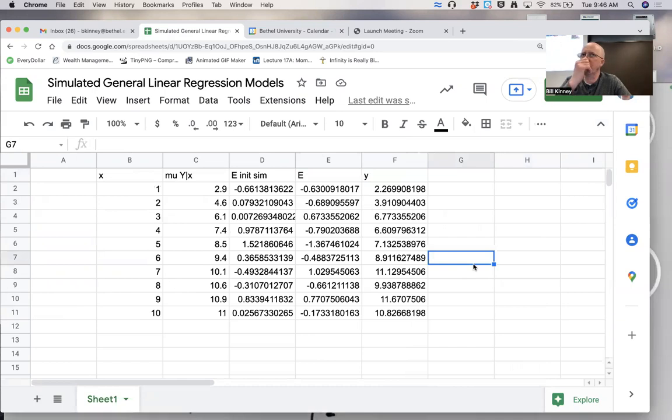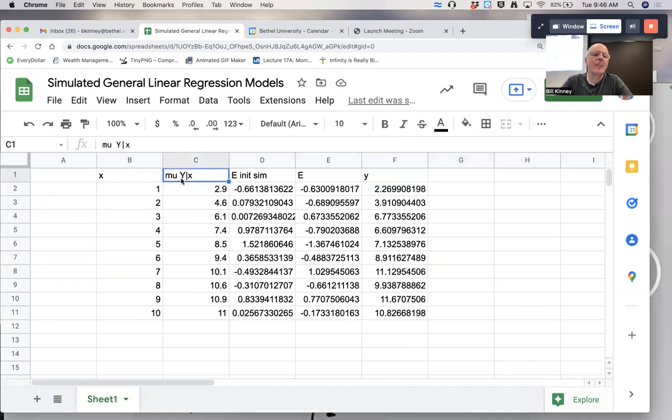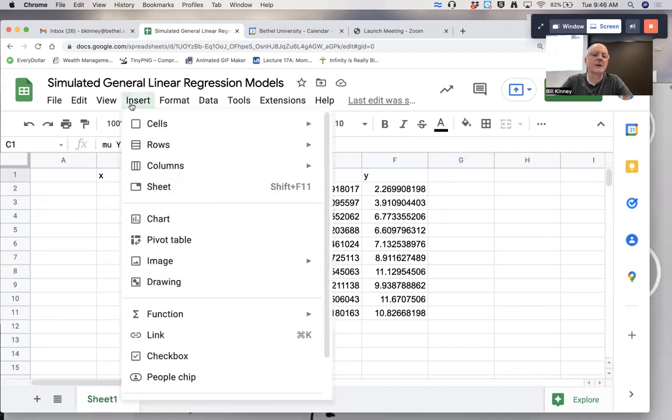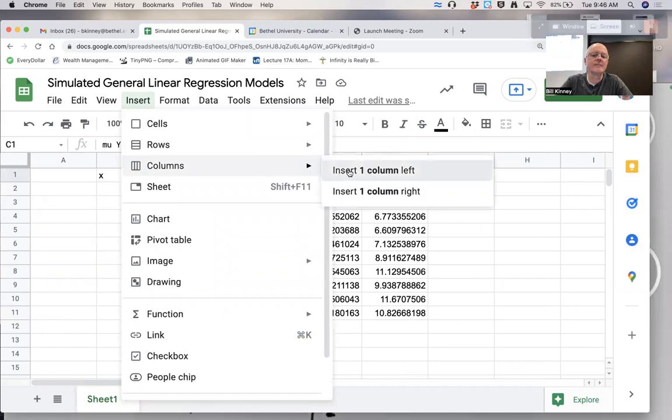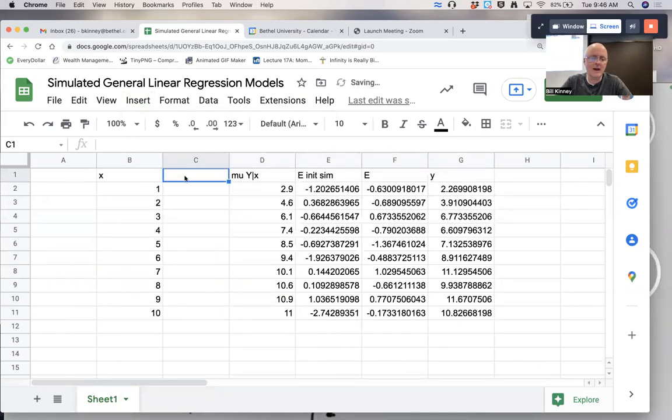If I wanted to do a quadratic regression, there is something else I need to do on a spreadsheet. Let me insert a column here and compute the values of x squared.